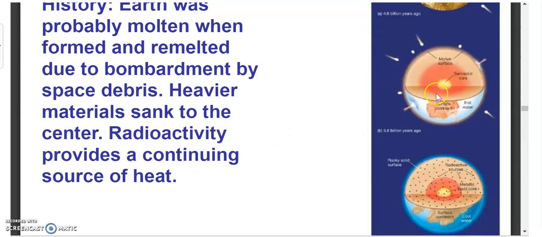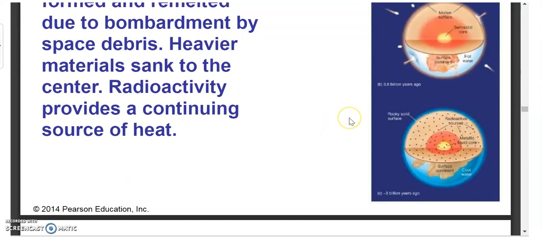We now know that there's a lot of uranium. Uranium-238 is one example, but there are other types of radioactive elements throughout the interior of the Earth, and radioactivity also emits heat.